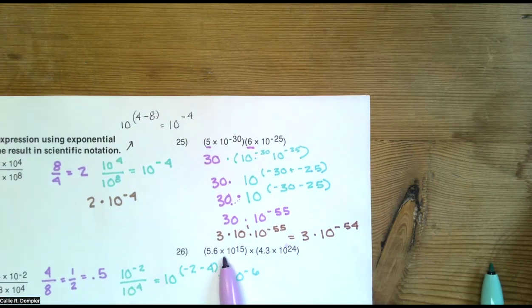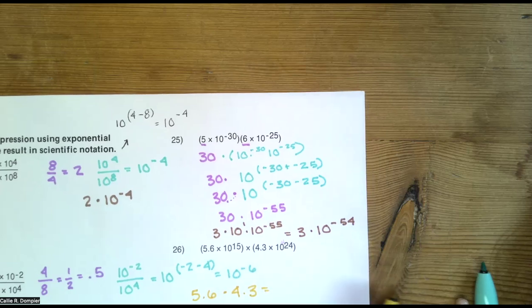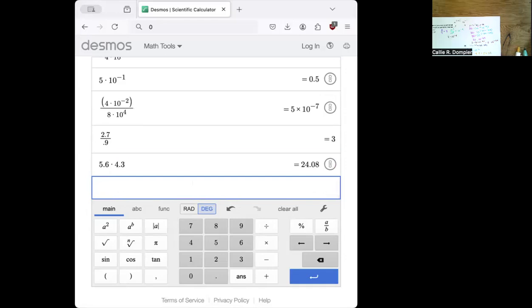Here we have 5.6 times 10 to the 15th times 4.3 times 10 to the 24th. 5.6 times 4.3 is 24.08. What happens if we do 10 to the power of 15 times 10 to the power of 24?